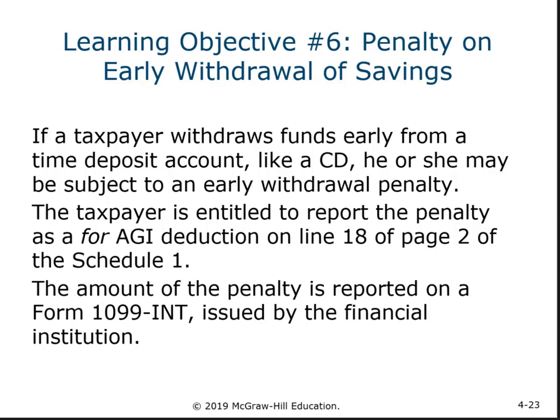And if you decide, I've got to have that money now, and you pull it out, you're going to have a penalty. That is a deduction for AGI. Okay? It'll be reported on your 1099-INT, and you'll be able to use that on your return. It's usually, unless you have a lot of CDs, not a large amount, but it could still be helpful.